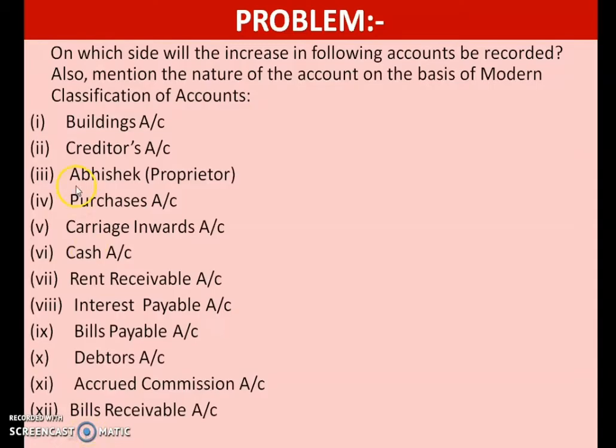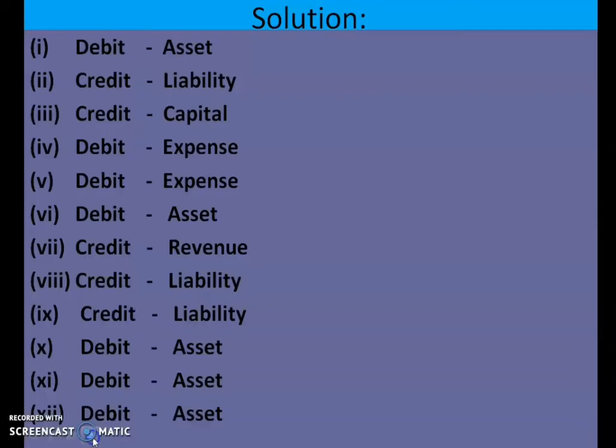Let us see Abhishek, a proprietor, that is the question, and what is the answer? What is the nature of that account? It is a capital account. And which side should you show it if it is increasing? Capital increase, you have to show it on the credit side.